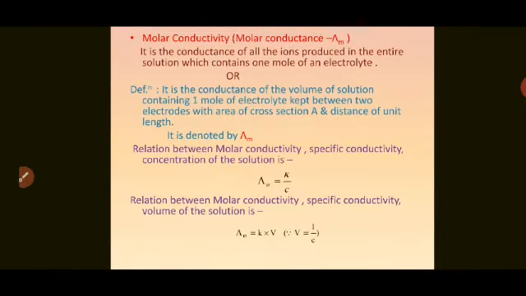Now, the conductivity of solutions of different electrolytes in the same solvent and at a given temperature differs due to the charge and size of the ions in which they dissociate, meaning how much charge they give and what the size of the ions is. It also depends on the concentration of ions and the ease with which the ions move under a potential gradient, meaning potential difference or applied voltage.